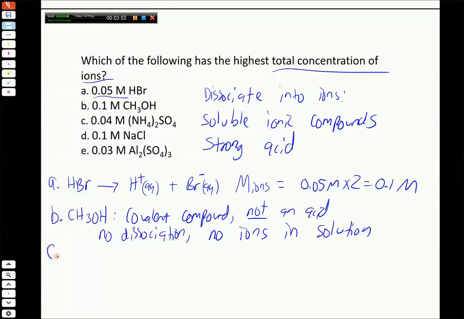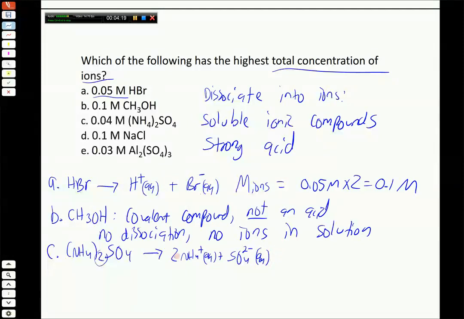Choice C, ammonium sulfate, is a soluble ionic compound. All ammonium compounds are soluble. And so when we dissolve this in water, we have 2 ammonium ions in this formula. So that's what that subscript 2 means. So when we dissolve this in water, we get 2 NH4 plus ions, and we get the sulfate, SO4 2 minus.